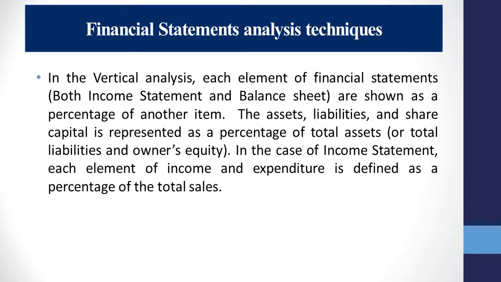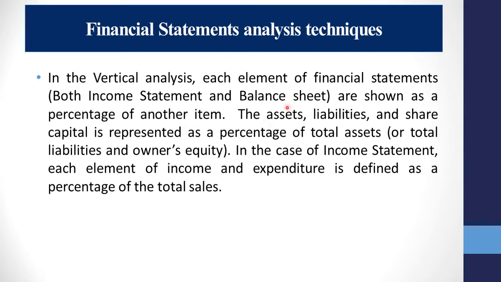This means that in vertical analysis, each element of the financial statements, like the income statement and balance sheet, is shown as a percentage of another item. For example, cash will be shown as a percentage of the total assets. Accounts payable will be shown as a percentage of the total liabilities and owner's equity.